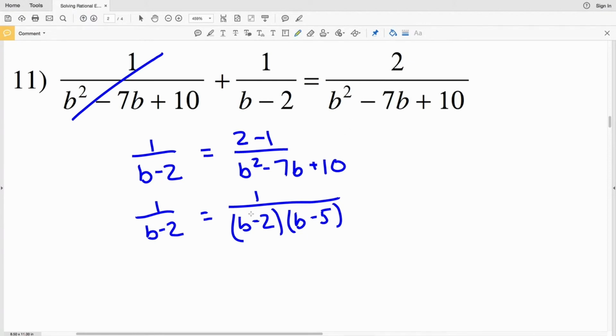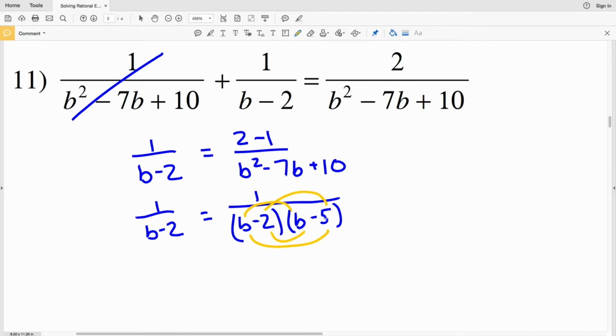But think about foiling this. So first, outside, inside, and then last. That's how you're going to multiply each of the terms. B times b is b squared. Negative 2 times b is negative 2b, but you're going to add that to negative 5 times b to get that negative 7b.